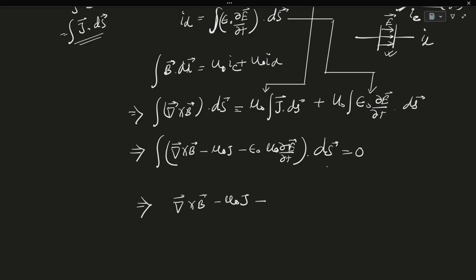The integral value is 0 independent of the surface enclosed by the loop, so I can write mu naught epsilon naught del E by del t equals 0.